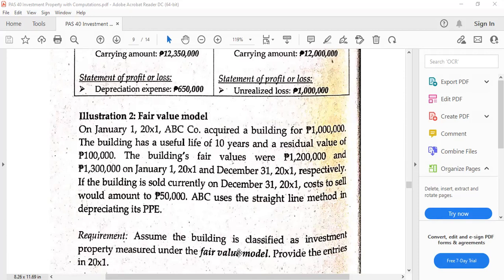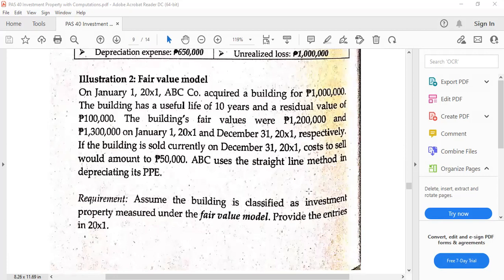And now we're back. So for fair value model, this is how we are going to make the entries. Just take note though of the cost, 1 million, useful life 10, residual value 100,000, fair values respectively at beginning and end.